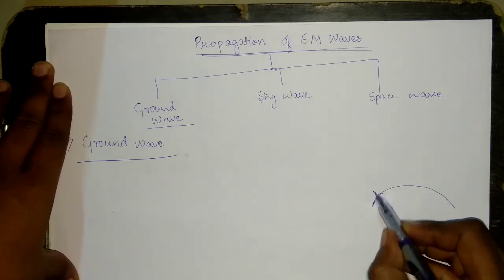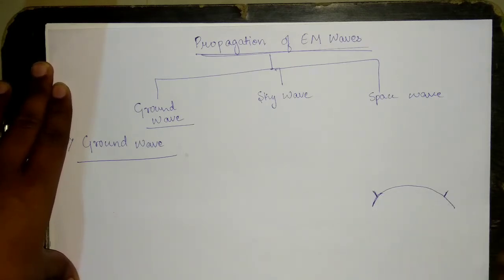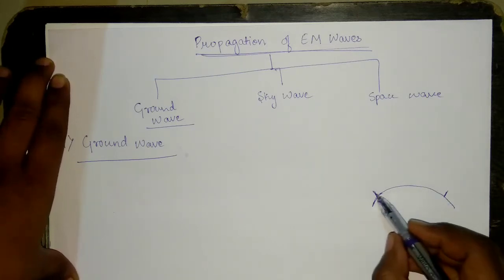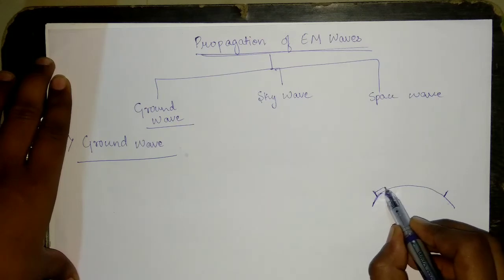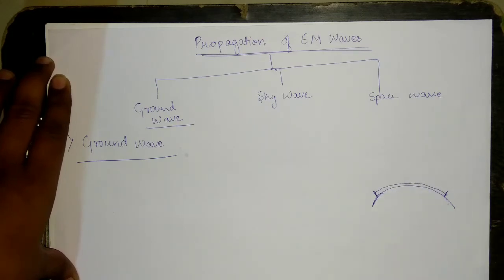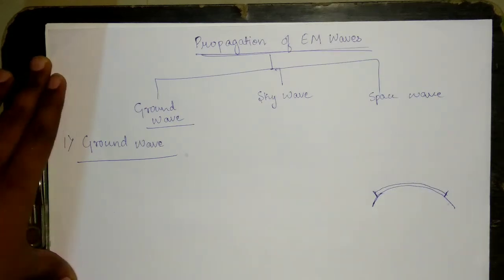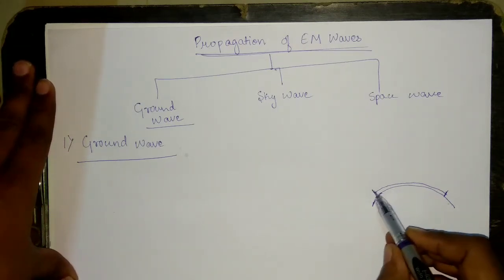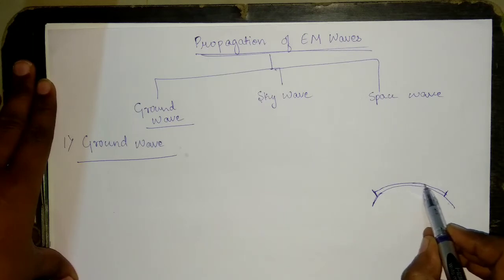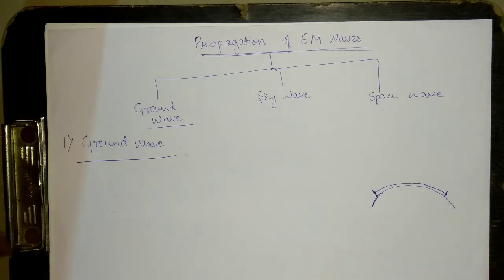This is a transmitter antenna and this is a receiver antenna. The waves will go along the ground surface itself. The signals only move on the surface of the ground and reach the receiver.